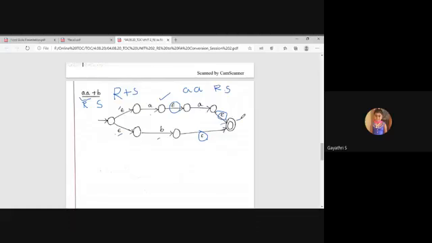What are the methods available for finite automata to regular expression conversion?